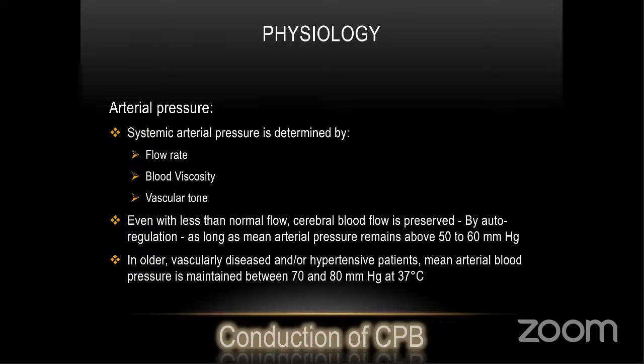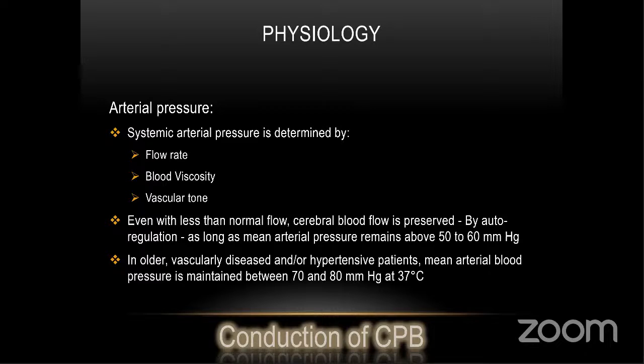Systemic arterial pressure is determined by the flow rate, the blood viscosity, and vascular tone. So even with less than normal flow, cerebral flow is preserved by autoregulation as long as the mean arterial pressure is above 50 to 60 millimeter mercury.